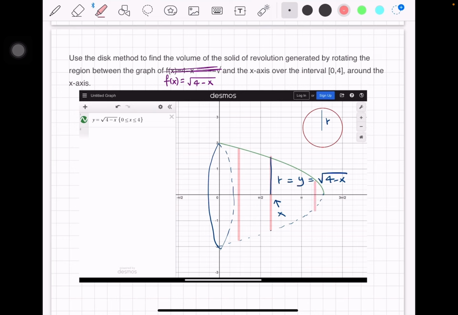If I have 3 different slices, the radius is going to be different for different x values. But we can use the function square root of 4 minus x to represent all the radii.